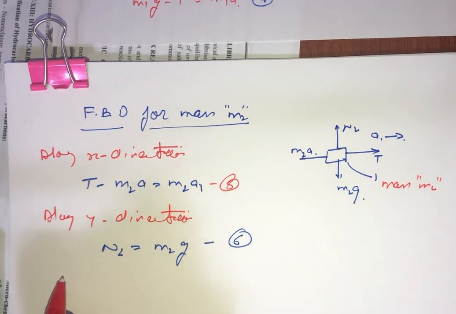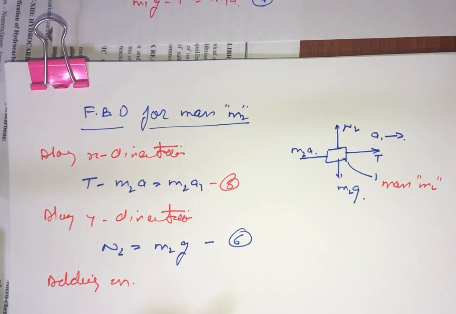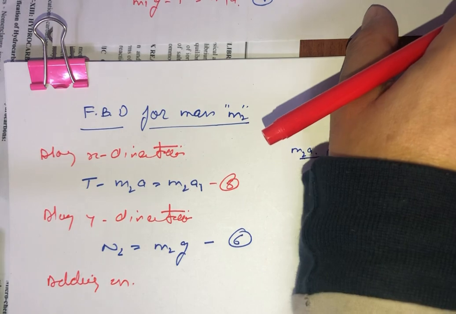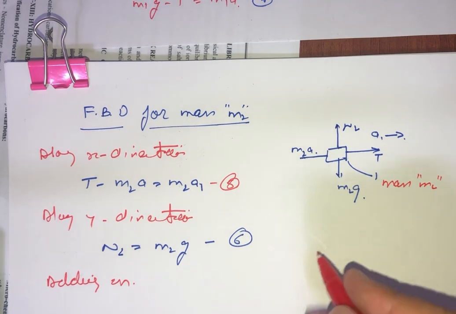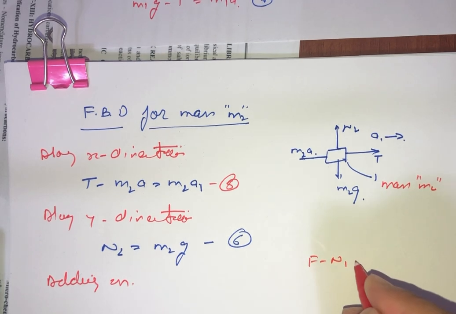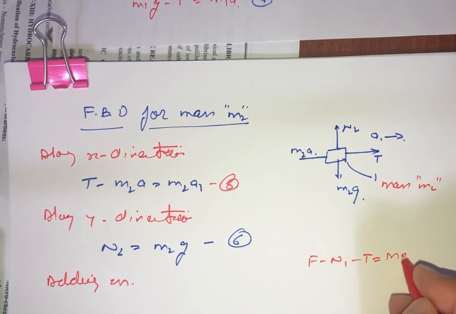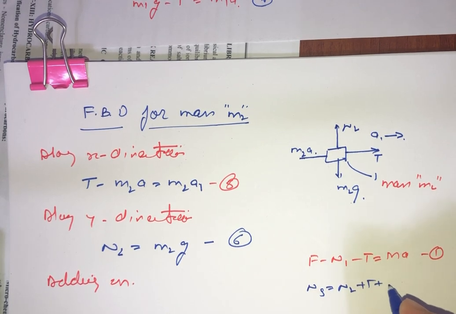Let me write it here. The first equation is F minus N1 minus T is equal to Ma, equation number 1, and we have N3 is equal to N2 plus T plus Mg, equation number 2.